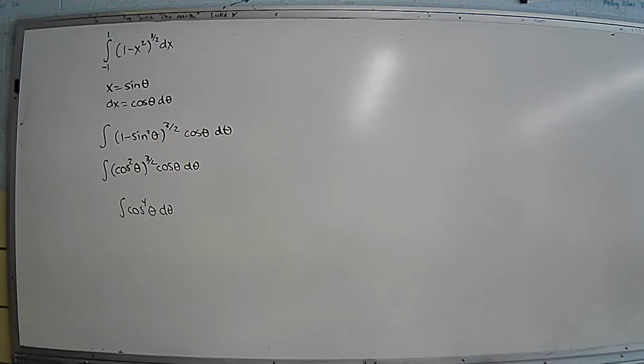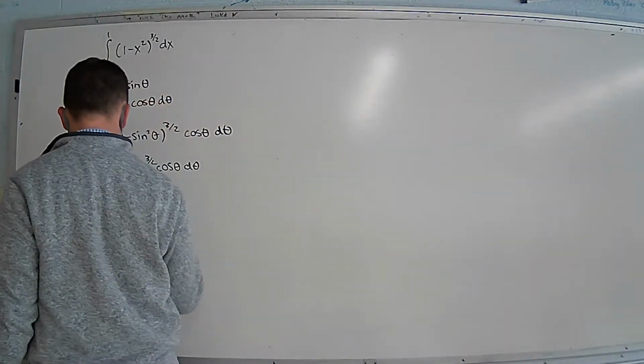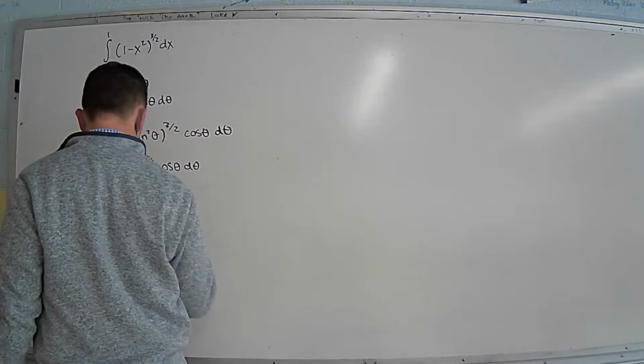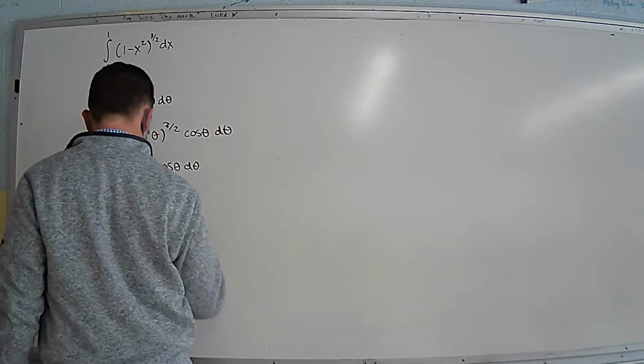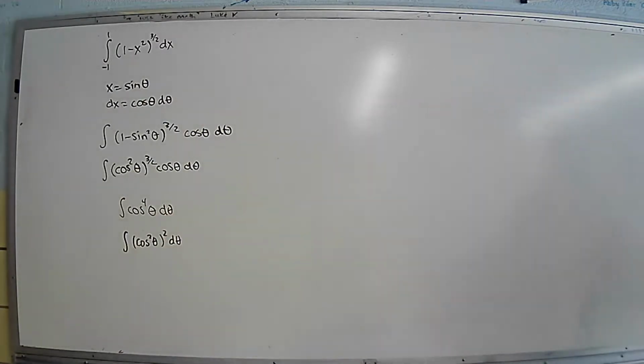Right. That's a problem. And you might think, can I think of this as cosine squared squared? Someone wanted to say, well, I know the antiderivative of cosine squared. Can't I just square that? It doesn't work that way.